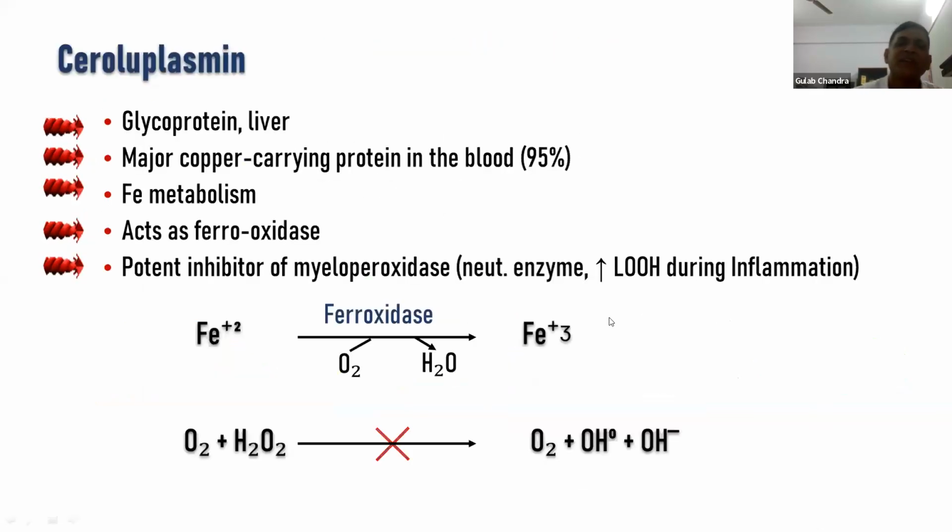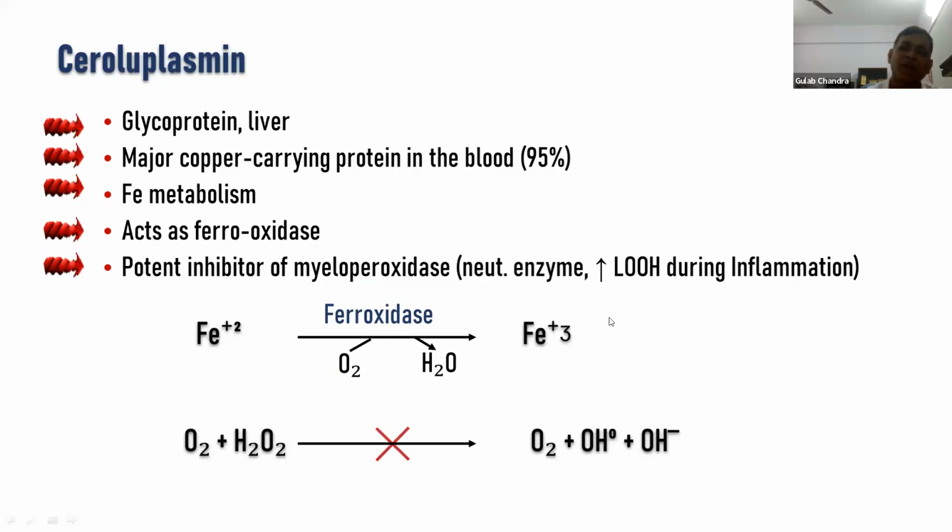Next is ceruloplasmin. Ceruloplasmin is a glycoprotein found in the liver. It is a copper-carrying protein, and about 95% of copper is found bound in the form of ceruloplasmin.